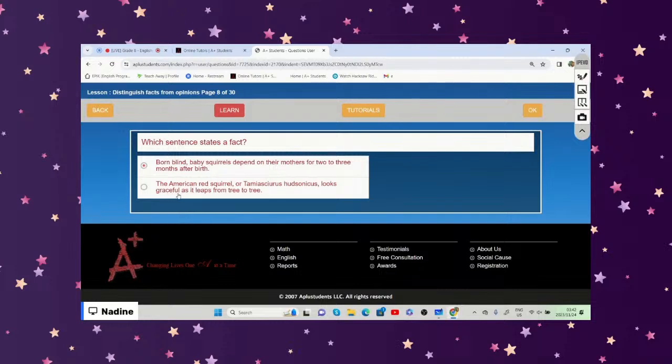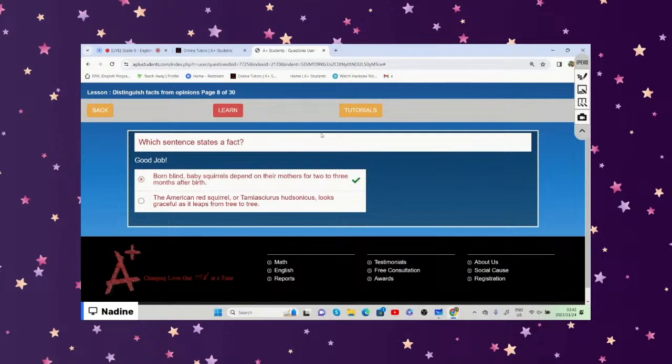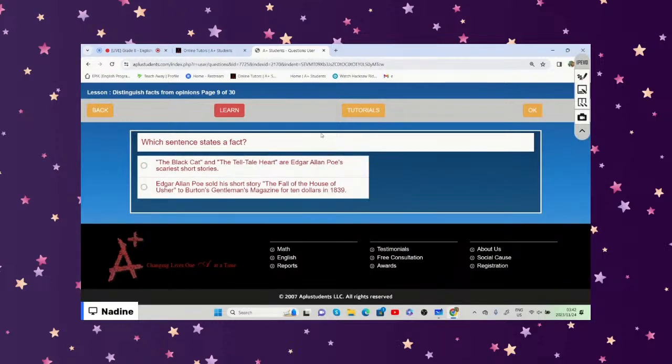And the American red squirrel looks graceful as it leaps from tree to tree. Let's try the first one. And the first one is correct, right? Because I know they do depend on their mothers. That was basically just me taking a leap. But number one is correct.